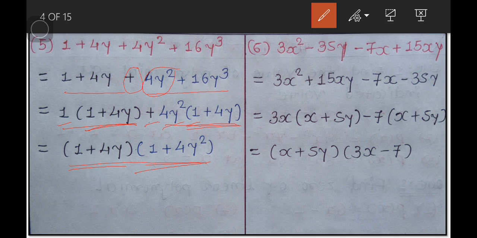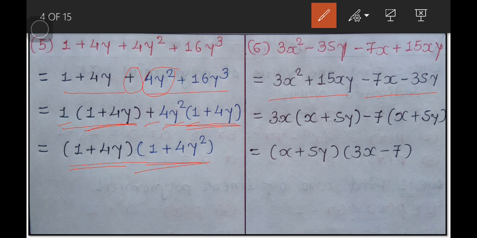Now example 6. The given polynomial is 3x² minus 35y minus 7x plus 15xy. Now we arrange it so that we can find a common factor in each group of terms. As we did in example 5, we put 3x² plus 15xy together, and the remaining part minus 7x minus 35y.